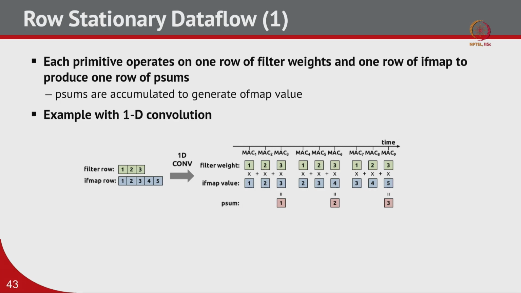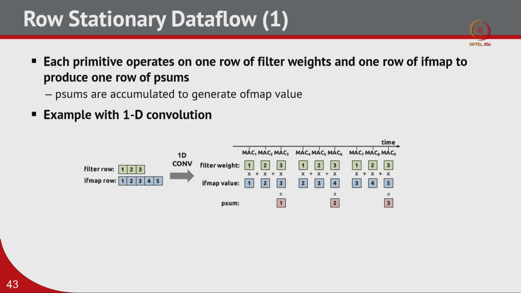Towards that goal, Eyeriss proposed something called row stationary data flow. In row stationary data flow, each primitive, which is nothing but the processing element, the PE, operates on one row of filter weights and one row of input feature map to produce one row of partial sums.